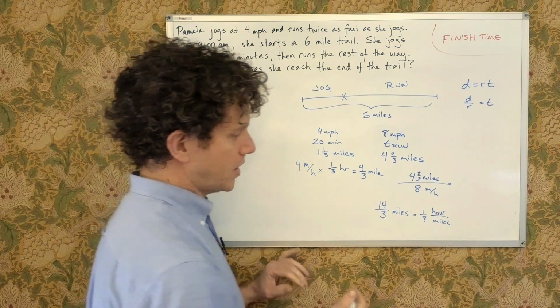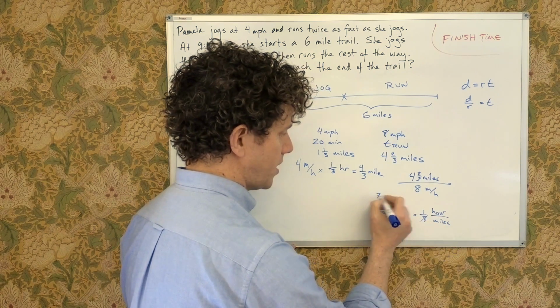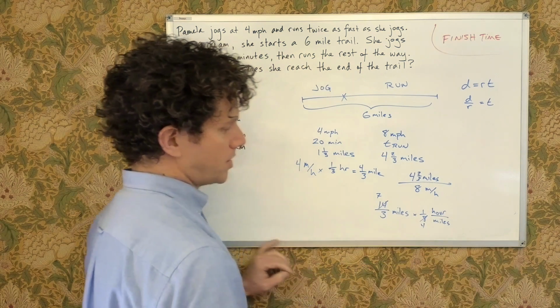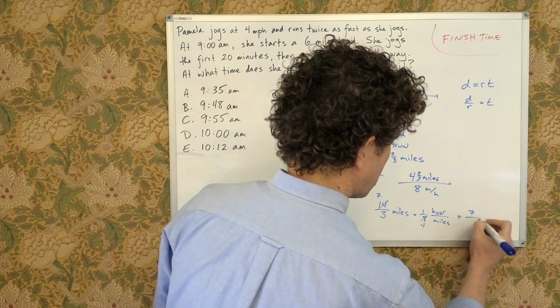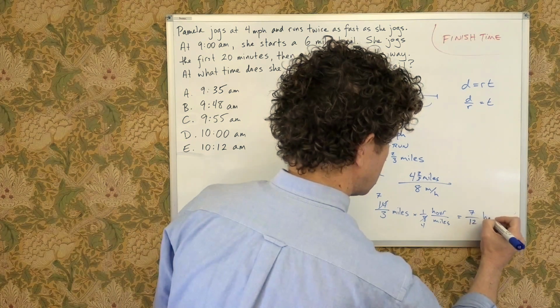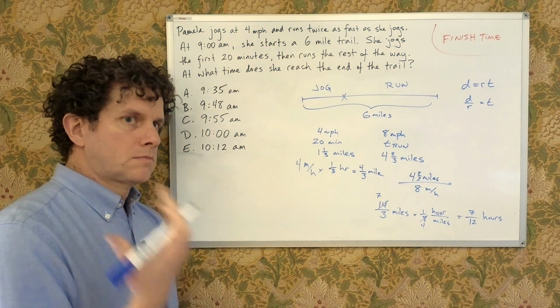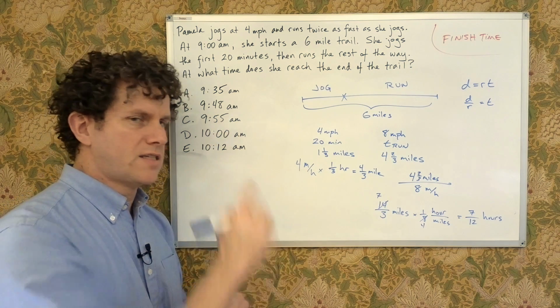I want to simplify sooner than later. I can take out a 2 from both of these even numbers. That will leave me a 7 up top and a 4 down below. Now I multiply straight across, and I've got 7/12 hours. We can either stop and think about it, think about a clock face.